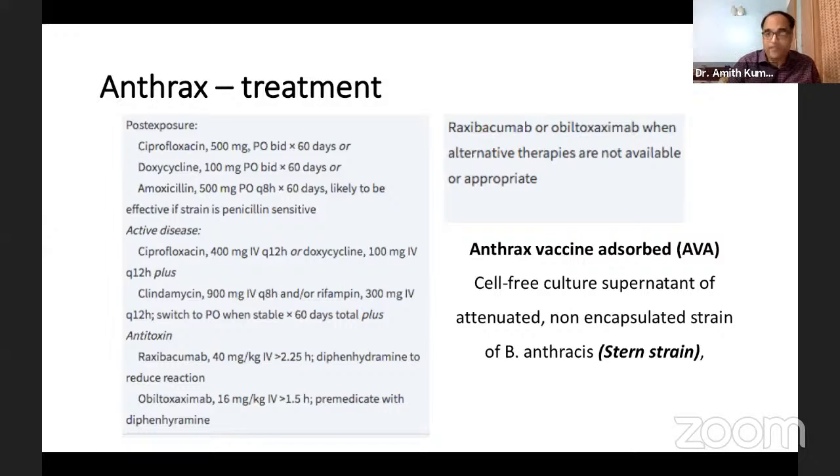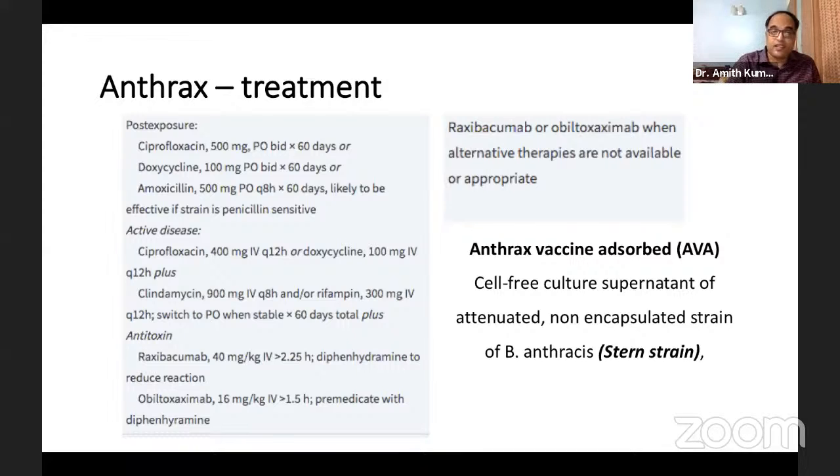Antitoxins are available, but again, they are only experimental, not widely available. That is raxibacumab and obiltoxaximab may be used. And there is an anthrax vaccine adsorbed, which is a cell-free culture supernatant of the attenuated, non-encapsulated strain of Bacillus anthracis.